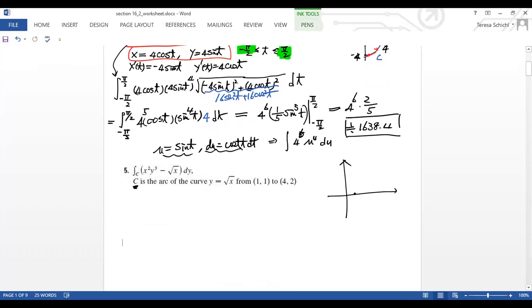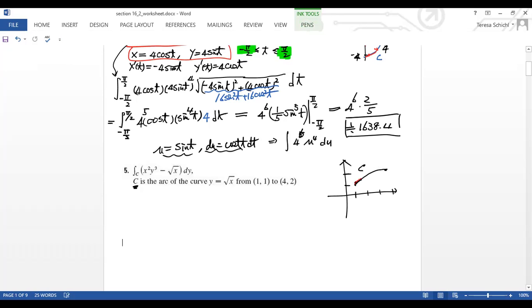So let's say this is 1, 2, 3, 4, 1, 2, right? So we know that x equal to 1, y equal to 1, and x equal to 4, y equal to 2, right? So this is my C here, correct? Right, so this is my C.